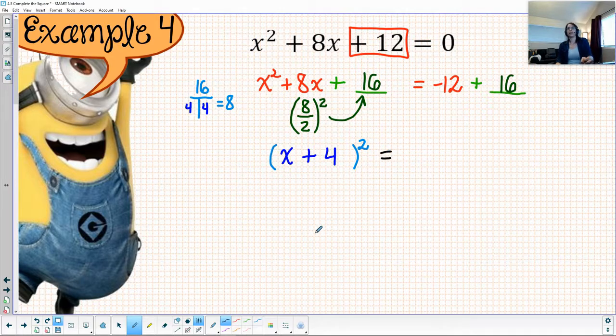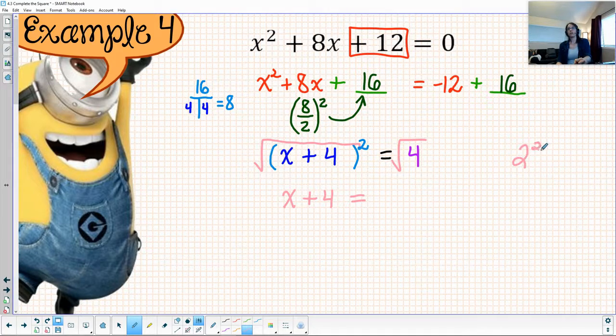All right, I got -12 plus 16, giving me 4, but I'm solving. Ooh, how can I solve for x? Oh, I see a square. So I'm going to undo that. So now I just have x plus 4. Well, that's pretty friendly. Here's the tricky thing.